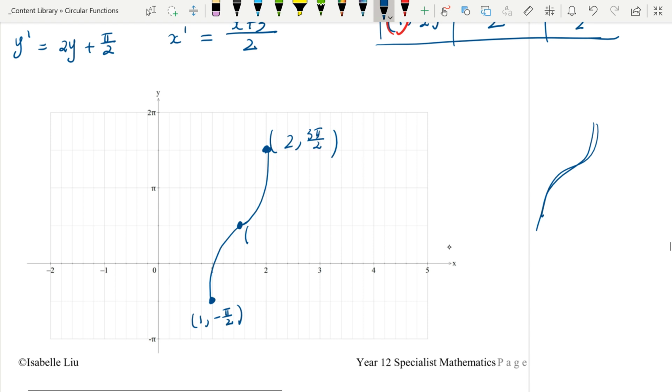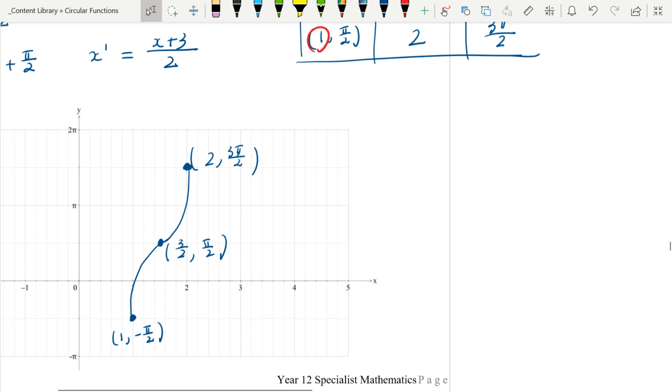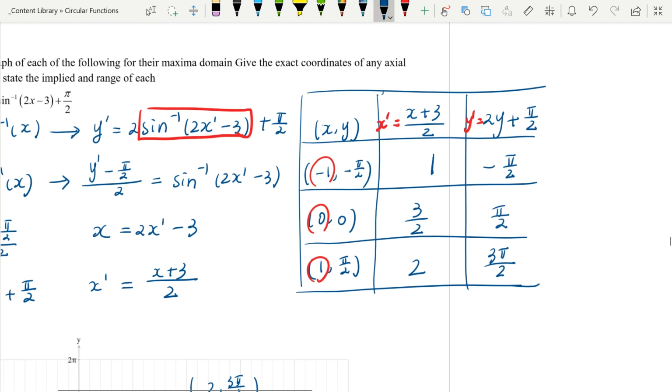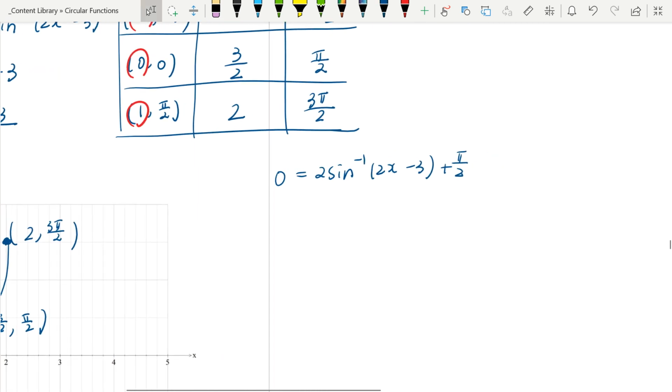That point is, sorry, what's that? 3 over 2, comma 2. And how do we find the x-intercept? Setting y equal to 0. So we have 0 equals 2 sine inverse (2x minus 3) plus pi on 2. So minus pi on 4 equals sine inverse (2x minus 3). 2x minus 3 equals sine of minus pi on 4.